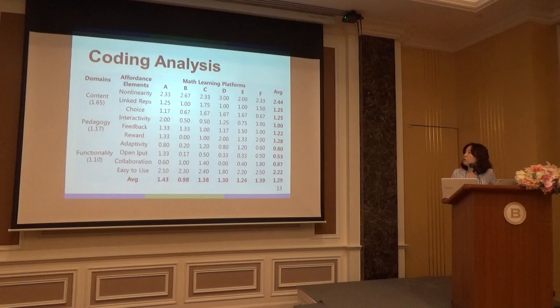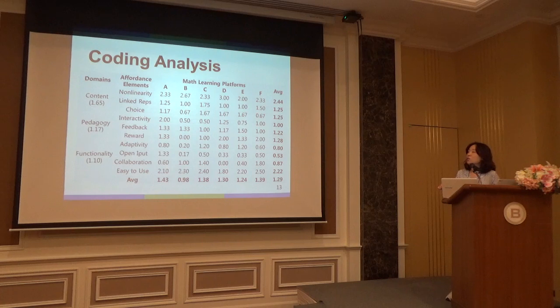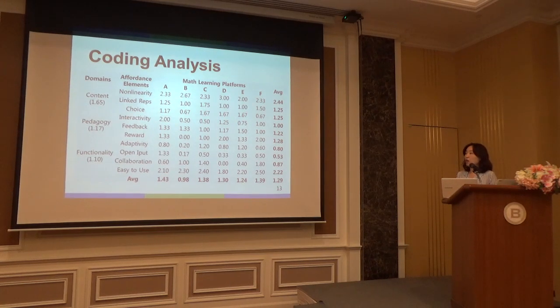What you see on this slide is a preliminary analysis of coding results. In the rows, the first two columns show the domains of affordance elements we created, which had 3 domains and a total of 10 affordance elements across the 3 domains.